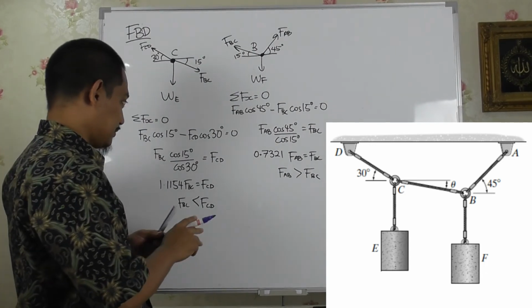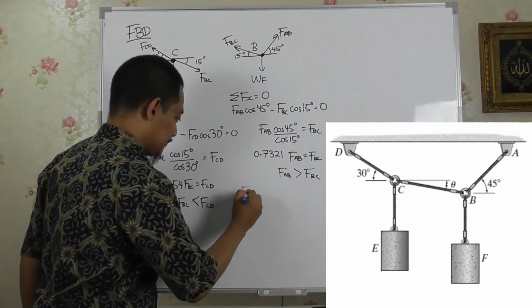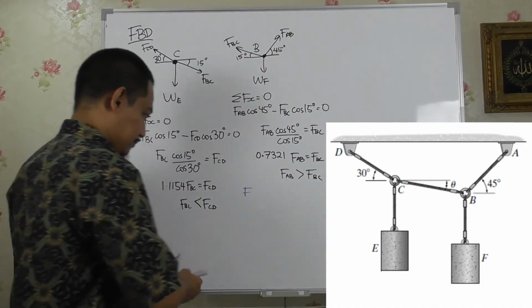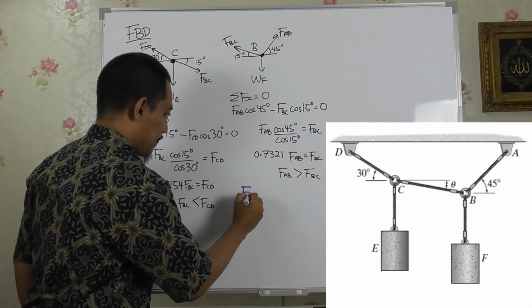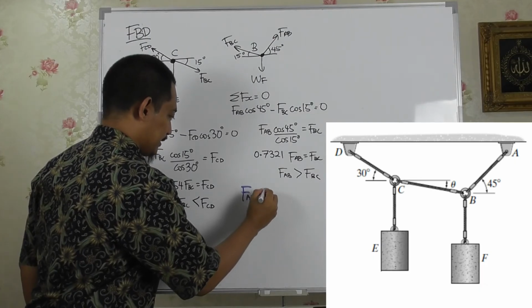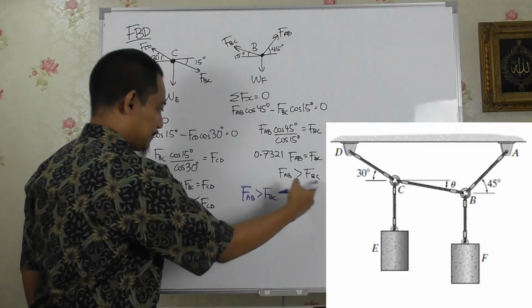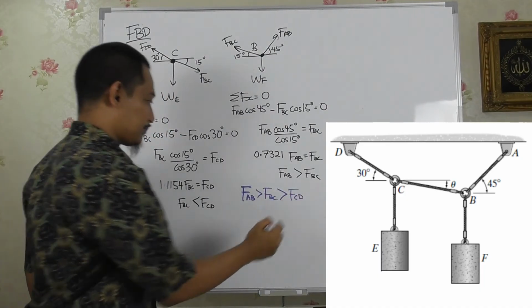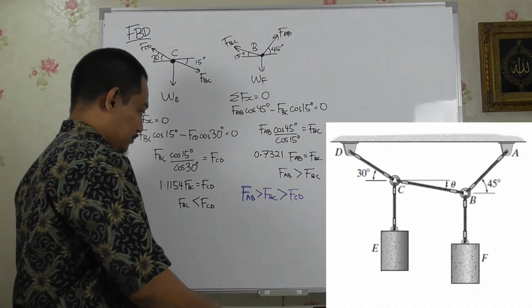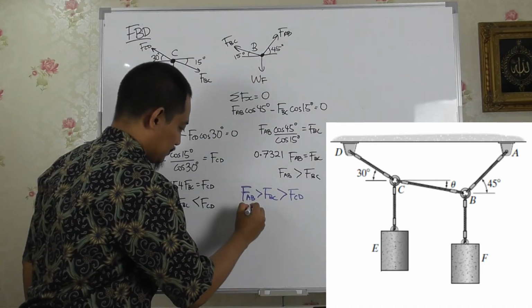So from here, you can conclude which one is largest. FEB is larger than FBC, right? And FBC is larger than FCD. So this one is largest, right?